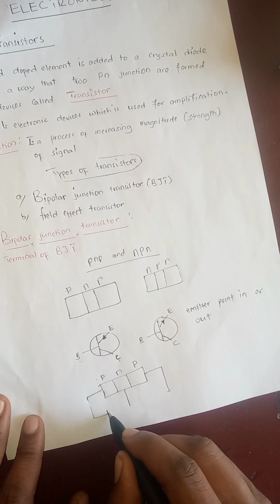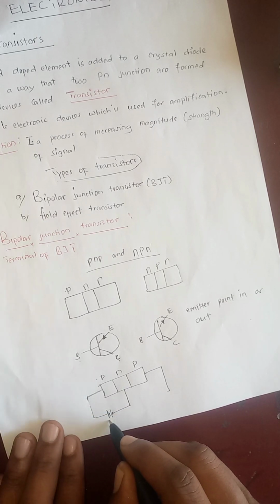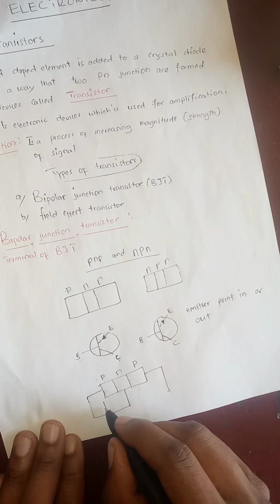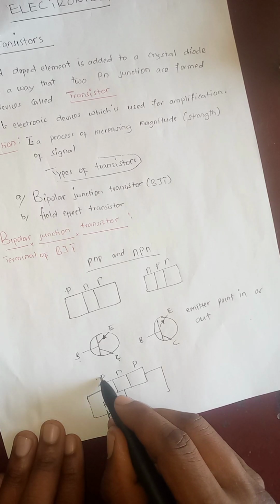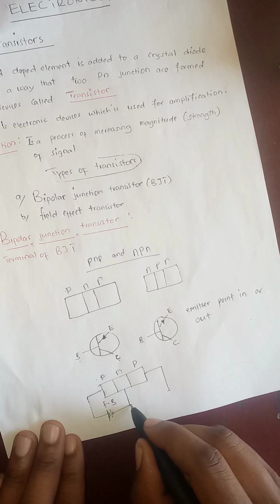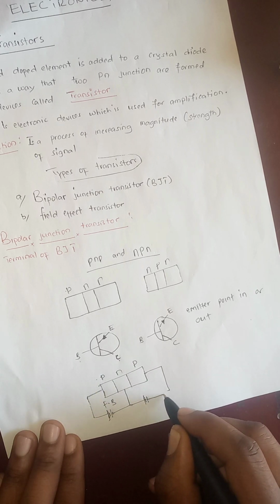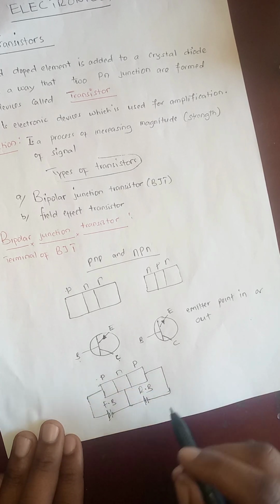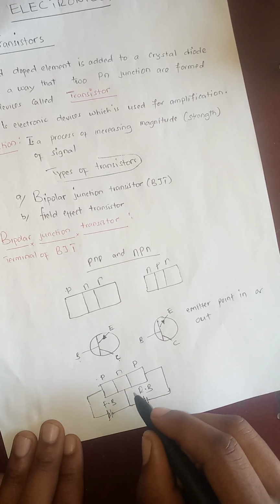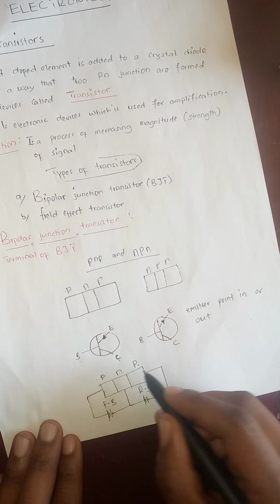If you put the positive terminal here, this loop is forward biased because the positive terminal is connected to the P type. This side is reverse biased because the negative terminal is connected to the P type.